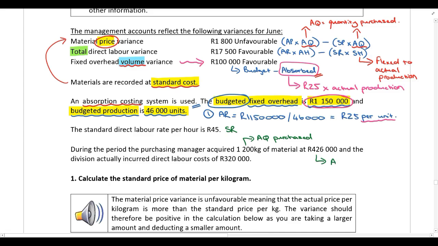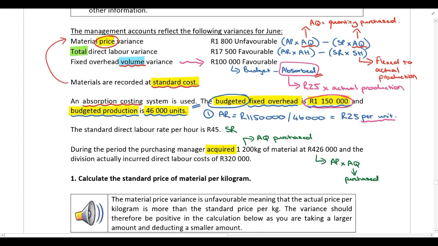So that is going to be the actual price multiplied by the actual quantity. And once again, this is the quantity purchased. I know that because it says that they acquired 1,200 kilograms of material at 426,000 Rand. So that's not based on what they've issued into production, that's what they acquired, that's what they purchased.